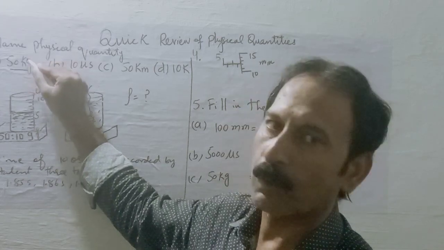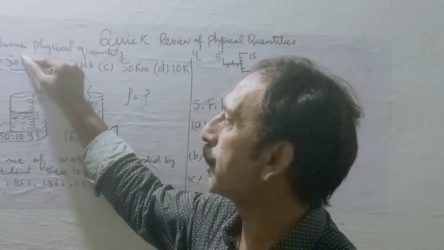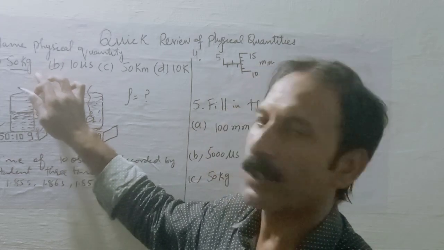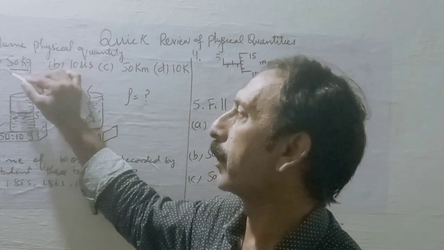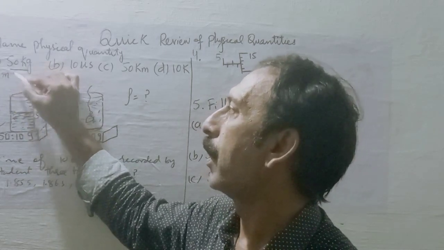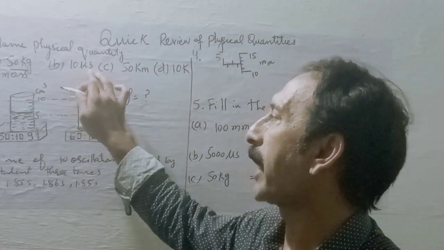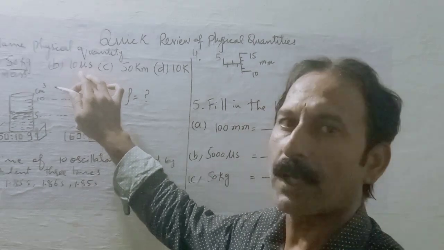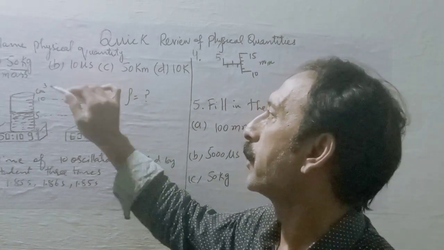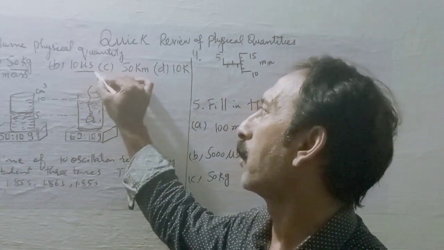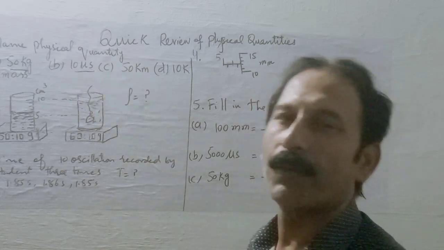So which physical quantity is this? You will see this unit, that is kilogram. Obviously, kilogram is a unit for mass. So it is mass. 10 microseconds. So I have used here a prefix micro. You are to tell what actually this physical quantity is.